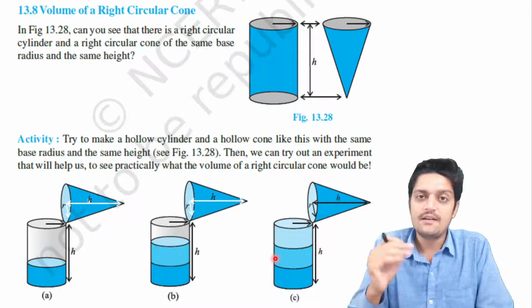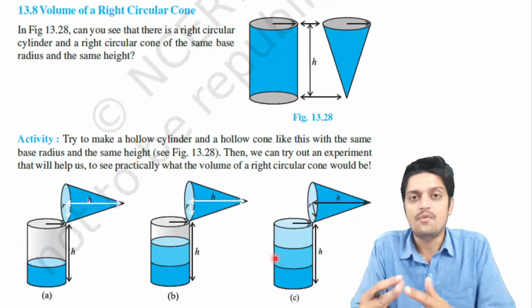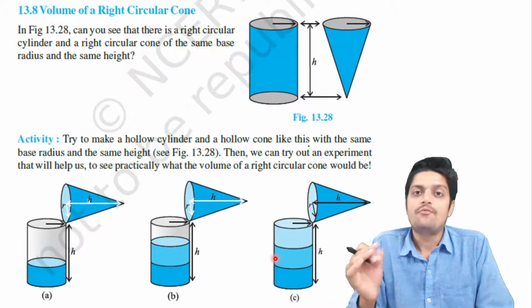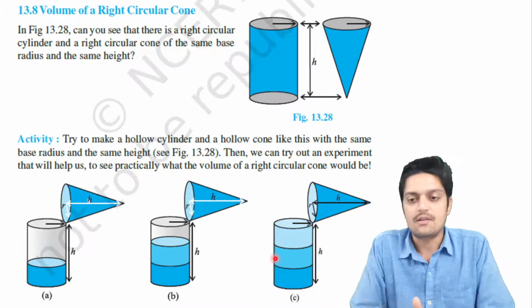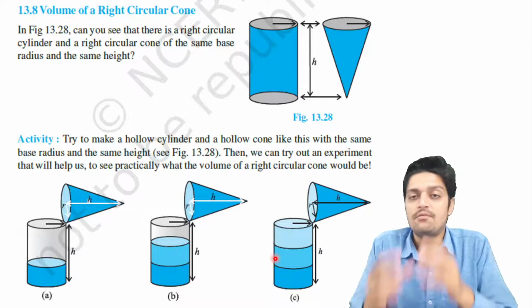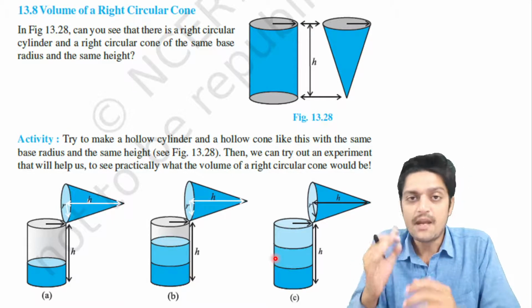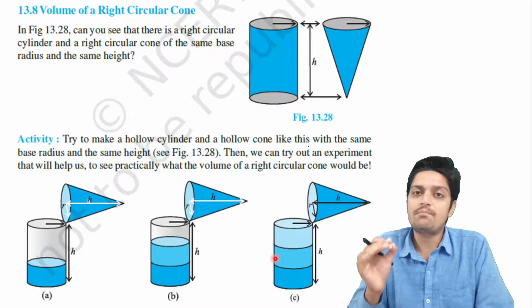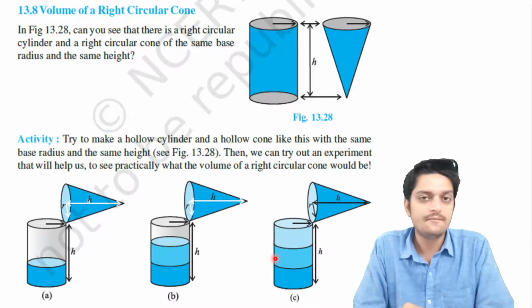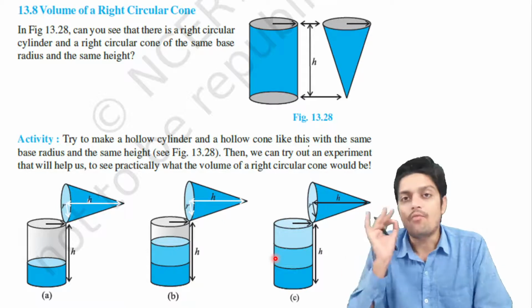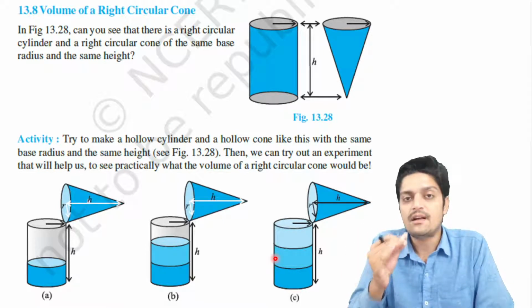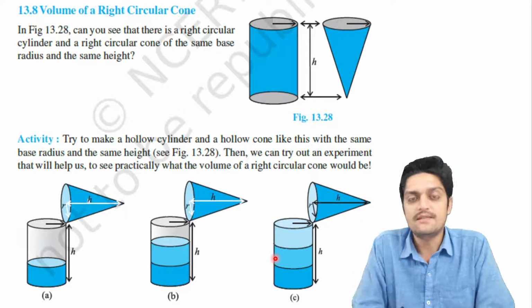If the height and the base diameter of both shapes are the same, then exactly 3 cones will fill this cylinder. This is the main point: the volume of the cone is exactly the third part of the volume of the cylinder.